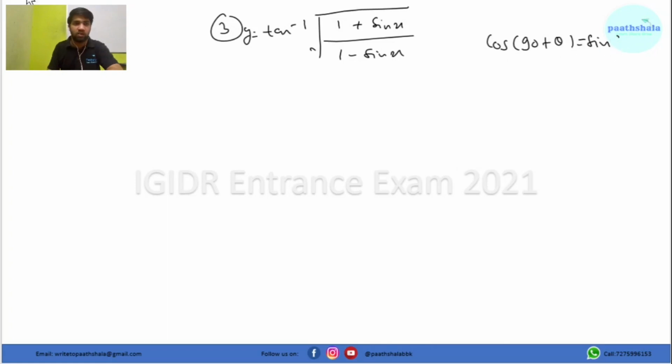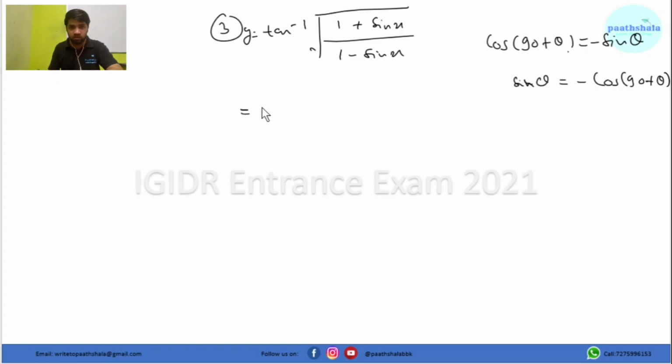It has to be minus sin theta. So in place of sin theta, what can we write? We can write sin theta equals minus cos of 90 plus theta.